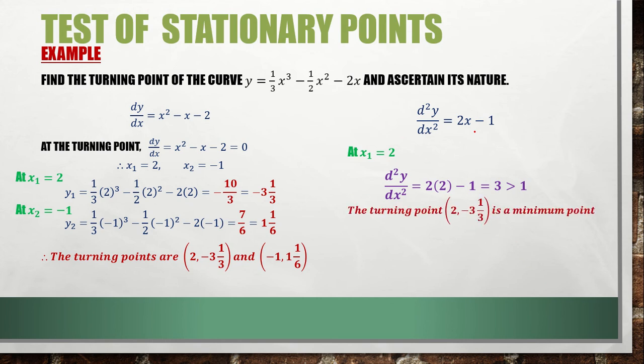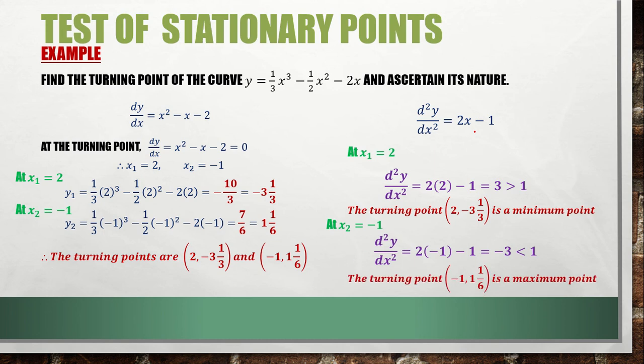So greater than. Start thinking in small values. Minimum point. At x equals -1, our value here shall be -3, which is less than 1. Less than 1. If it's less than 1, it means I should think in greater values. The turning point is a maximum point.